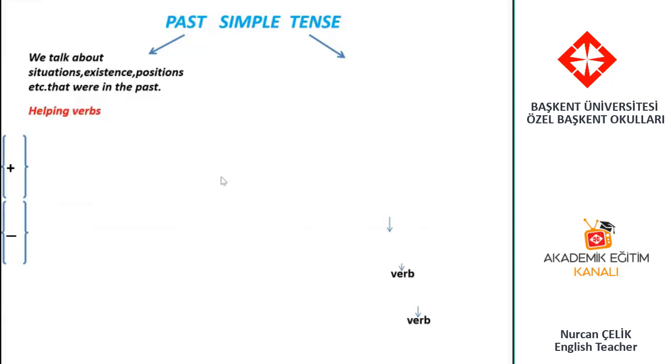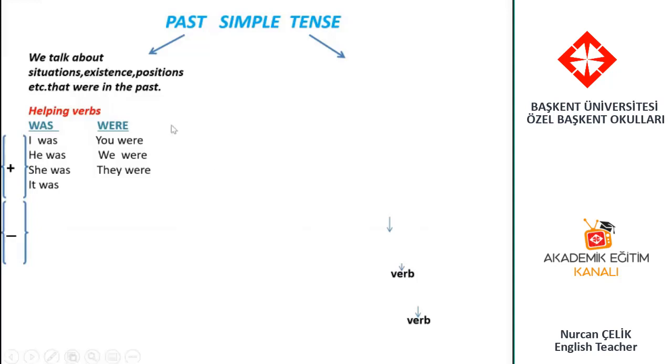We have got two helping words for these kinds of explanations in the past. These are was and were. I was, you were, he was, we were, she was, they were, it was.